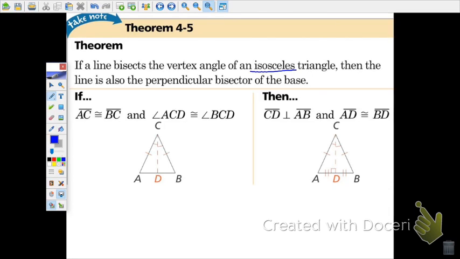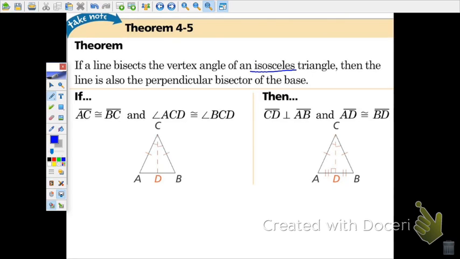This theorem says if a line bisects the vertex angle of an isosceles triangle, then the line is also the perpendicular bisector of the base.